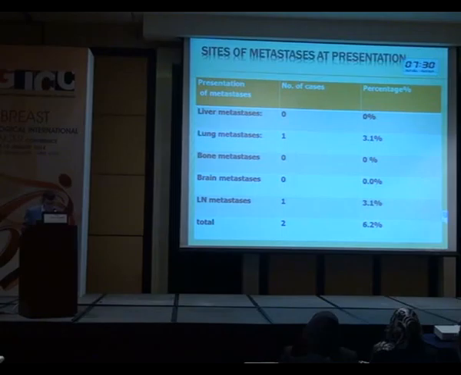This table shows the sites of metastasis in patients at presentation, and we have 2 cases only: a case of pulmonary metastasis in a case of malignant Phyllodes tumor, and 1 case of lymph node metastasis.